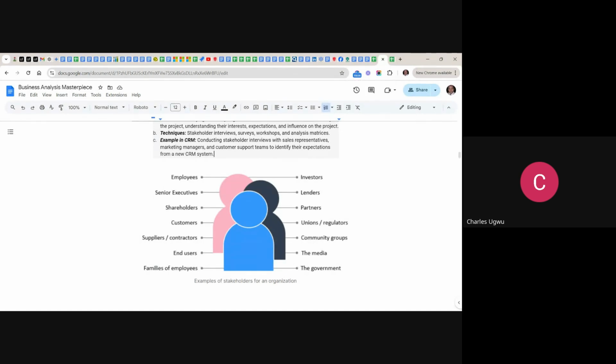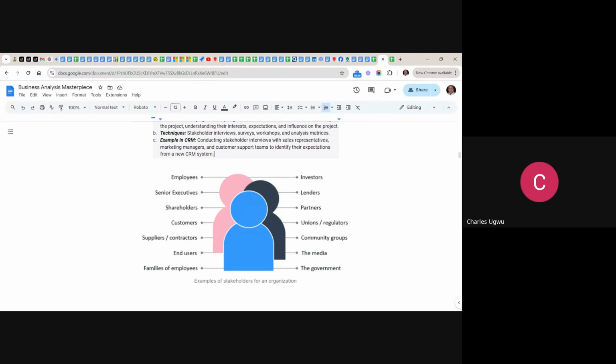They are big men in the company, but when we talk about that particular project I was working on, they are not stakeholders. So we have to differentiate between organizational stakeholders and project stakeholders.